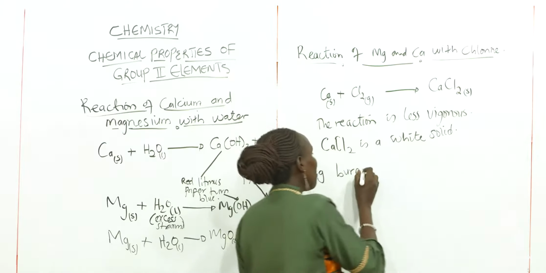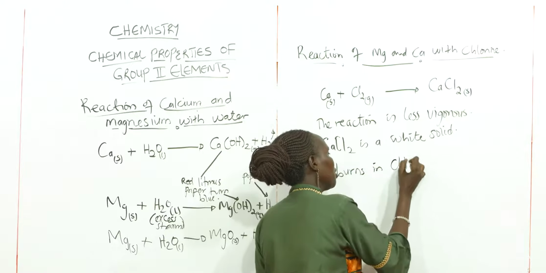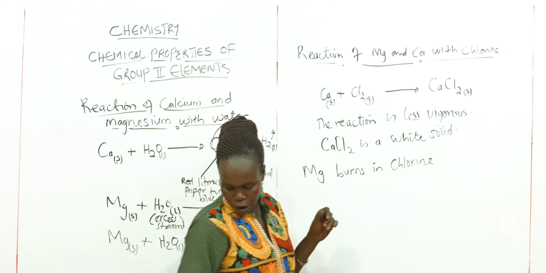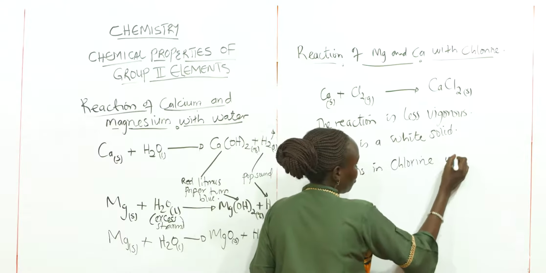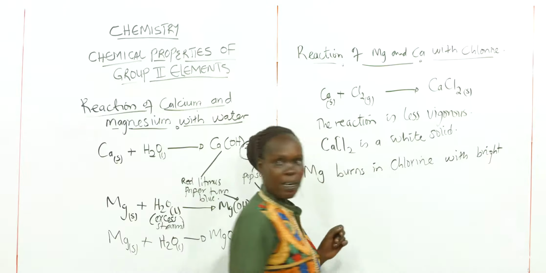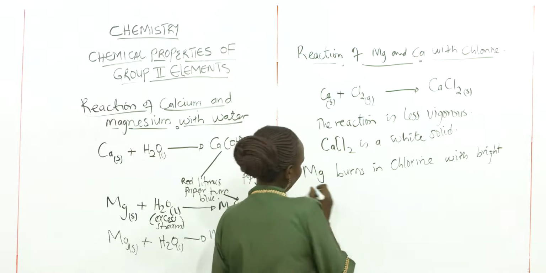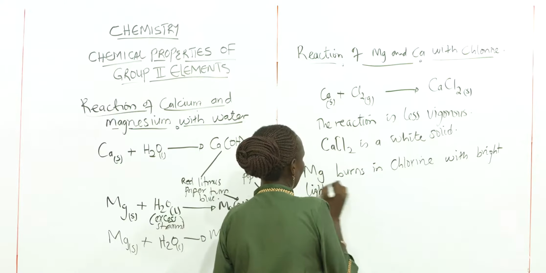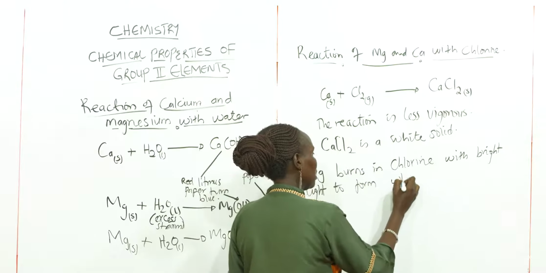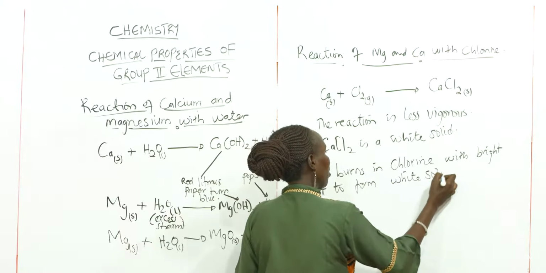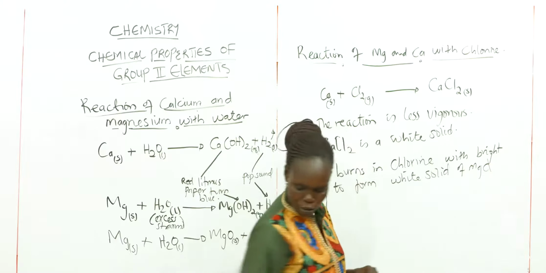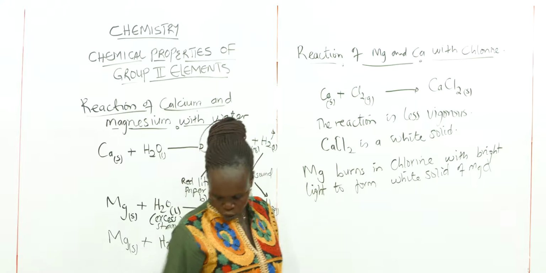Magnesium burns in chlorine with a bright light to form a white solid of magnesium chloride.